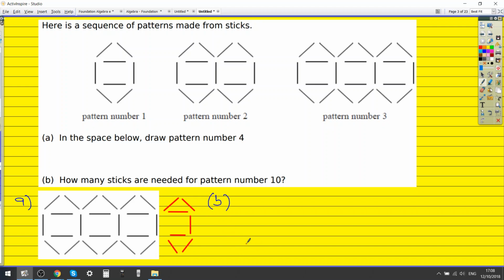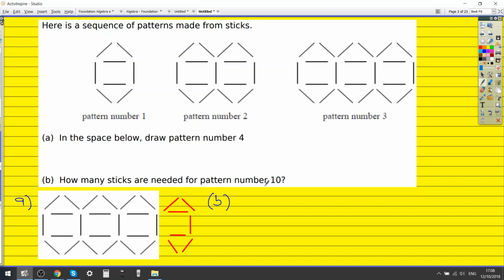How many sticks are needed for pattern 10? Pattern 3. Sorry? Hang on, I'm just counting them. Okay. So for the third one, there's 22 sticks.